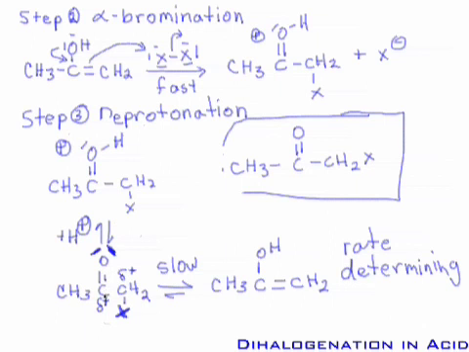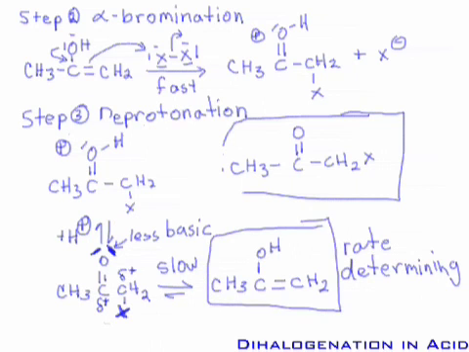In other words, if you like, carbon's pulling back on its electrons. This effectively shrinks the lone pairs. As a result, the lone pairs are less basic when there's halogen on it, and less available for protonation. That means the first step is less likely to happen. That means the concentration of enol drops.